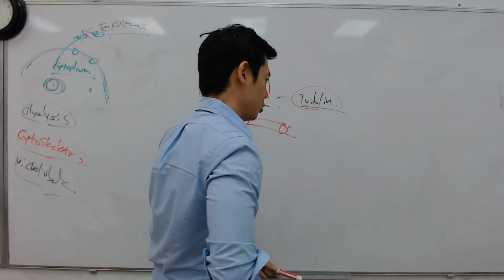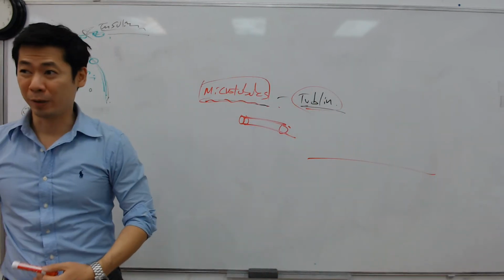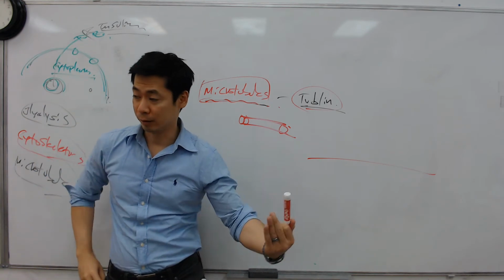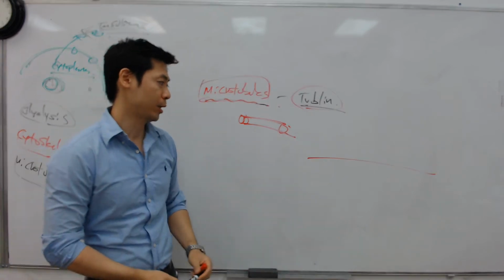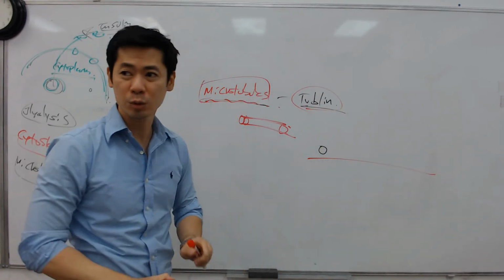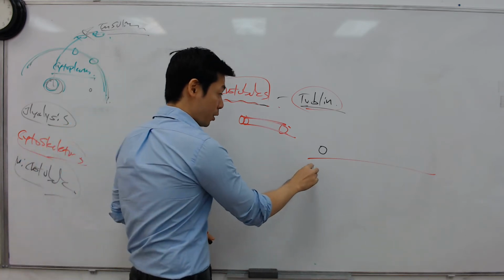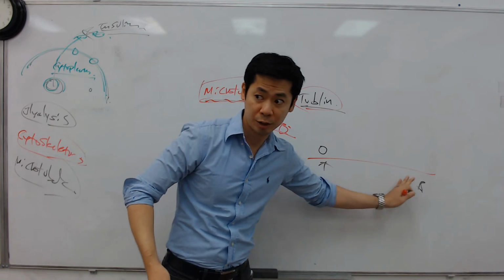So basically, just so you know, these microtubules act like a little rail on the inside of the cell. So now, if a vesicle wants to move from point A to point B, they follow the microtubules, okay?